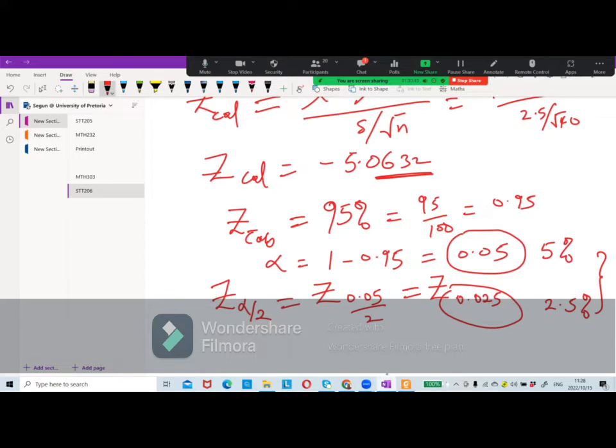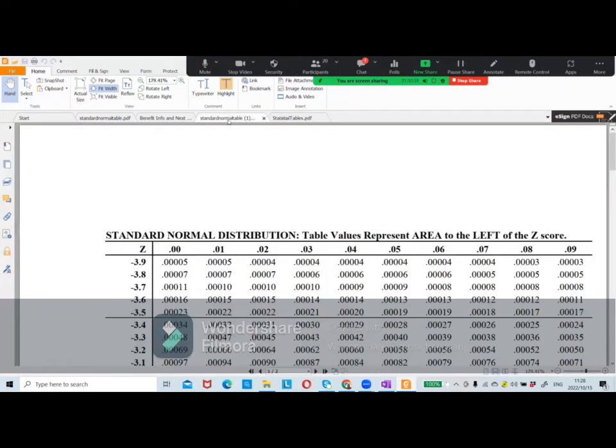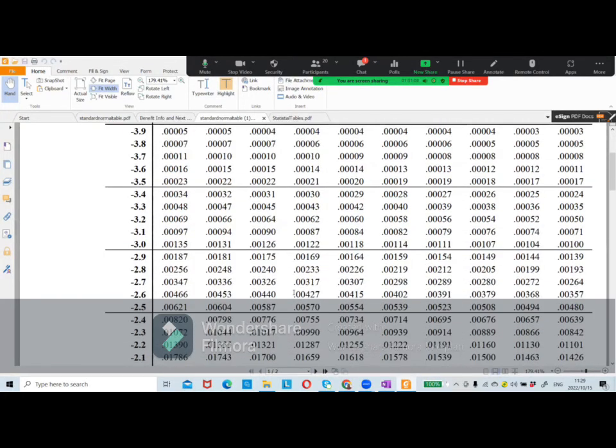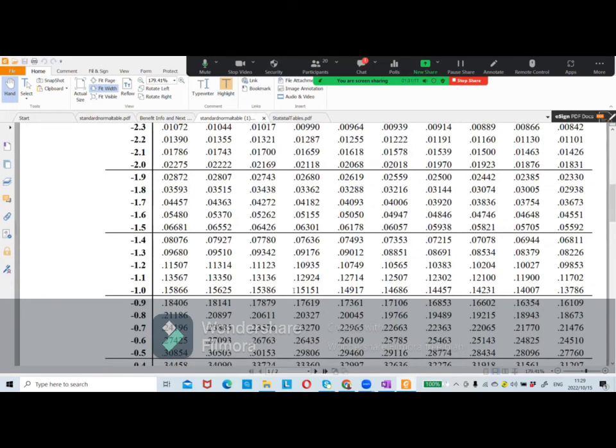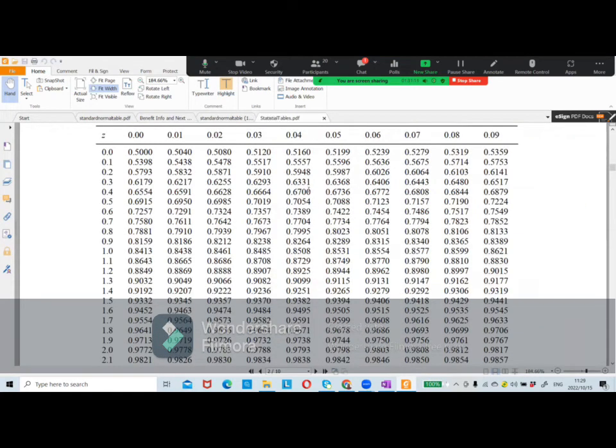Now, let's check the table. It depends on the statistical tables you provide, they give you, or you have. Let's check this one. Does it have it? No. The second one that I uploaded on your platform has the negative. In case you have a negative value, you can also check it there. But in this case, we are dealing with positive. Now, you have to be careful, please.